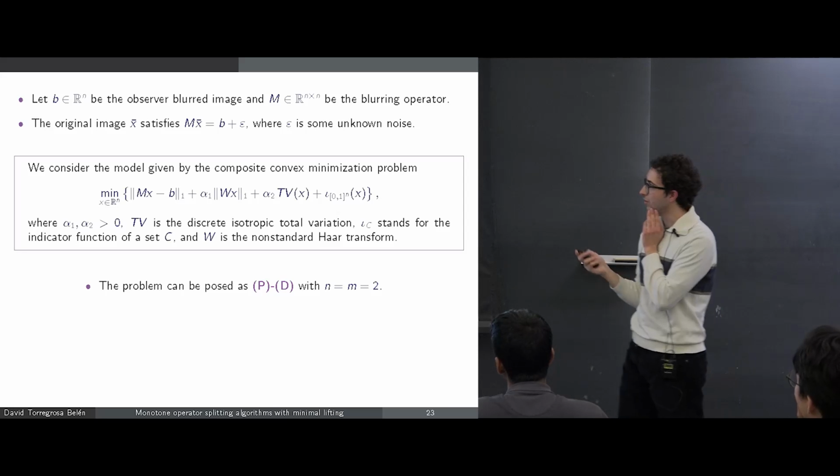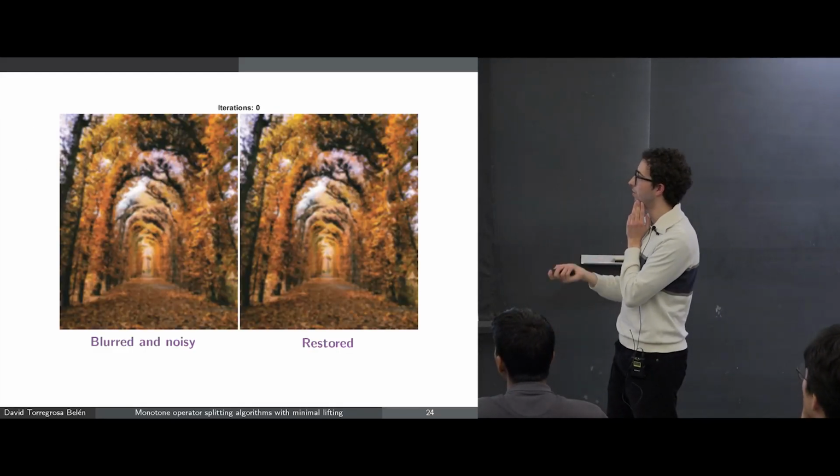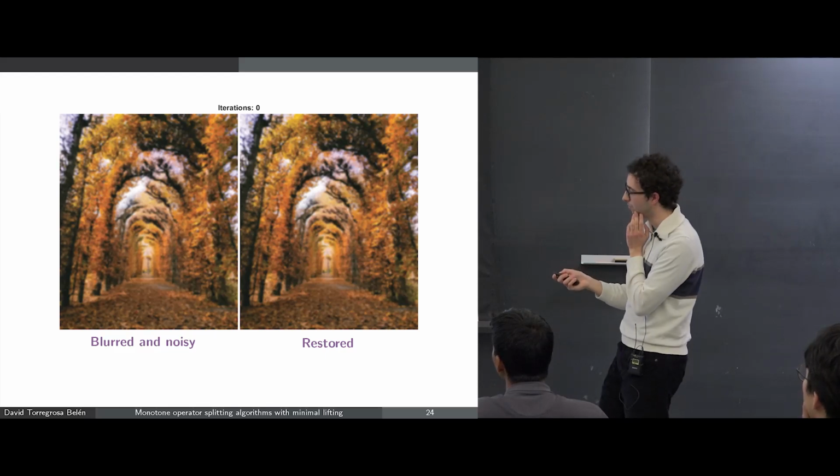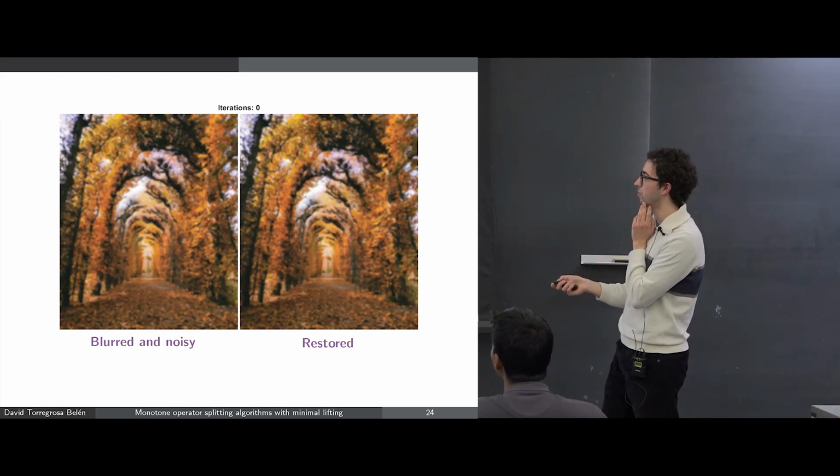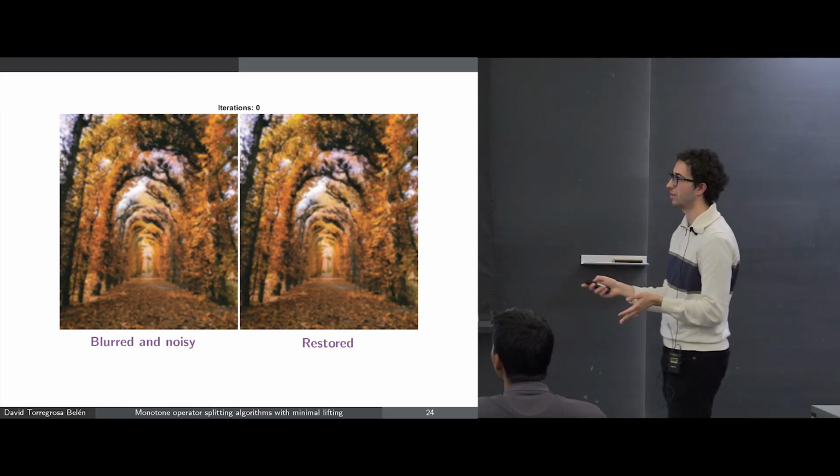Okay? So in order to solve this problem, one illustration of what our algorithm can do is this: you have here the blurred and noisy image that we consider for the experiment, and this is going to be the restored image after some number of iterations. Now it's 0, so they are the same.